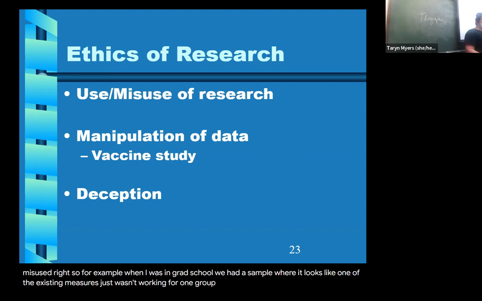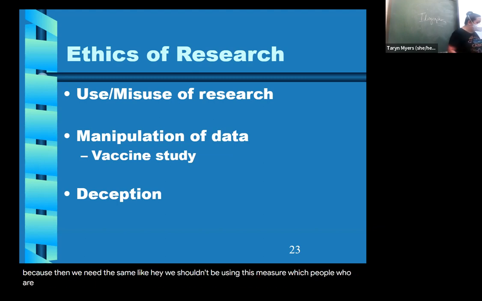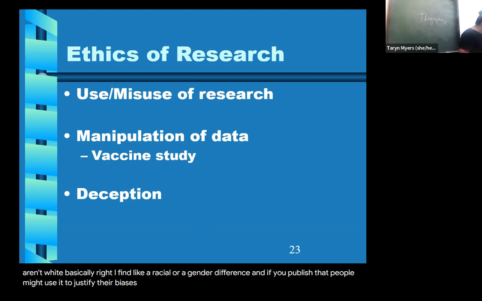Well, that's really important to report, right? Because then we need to say, hey, we shouldn't be using this measure with people who aren't white, basically, right? But there are other times where you might find a racial or a gender difference. And if you publish that, people might use it to justify their biases. And so we need to think about those things.